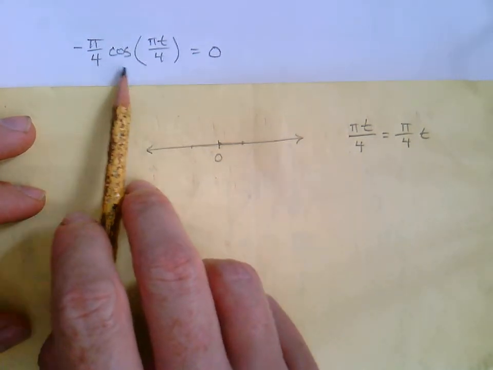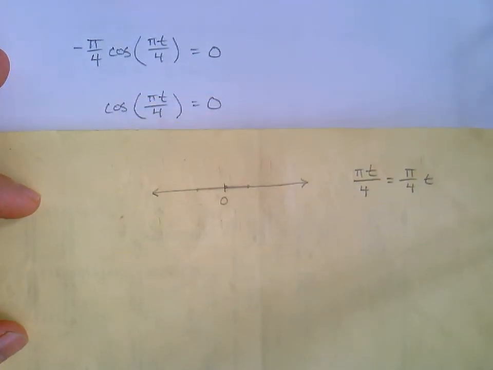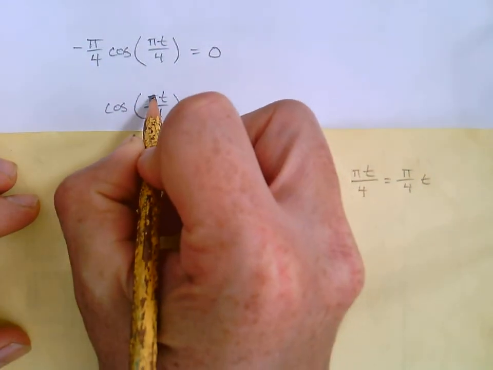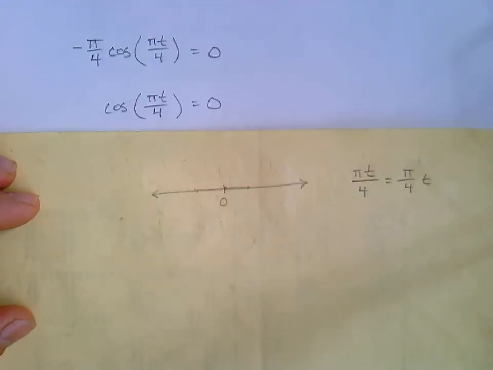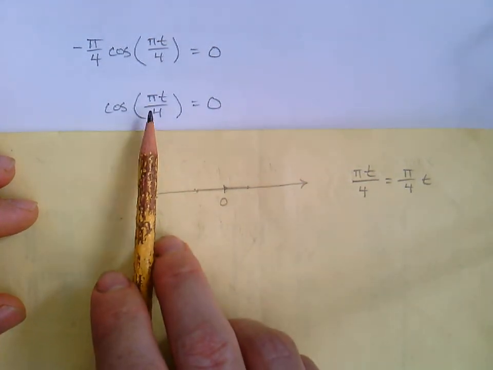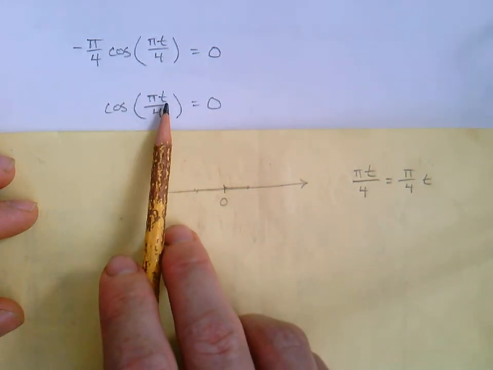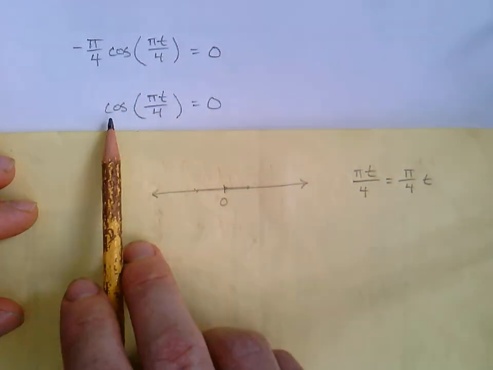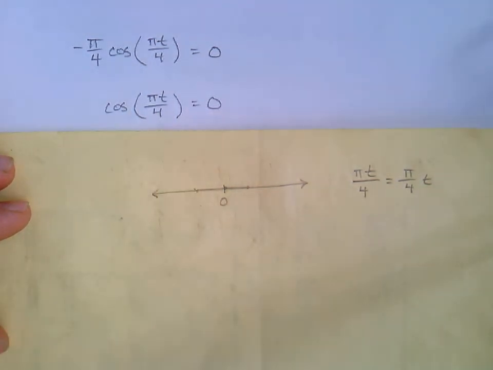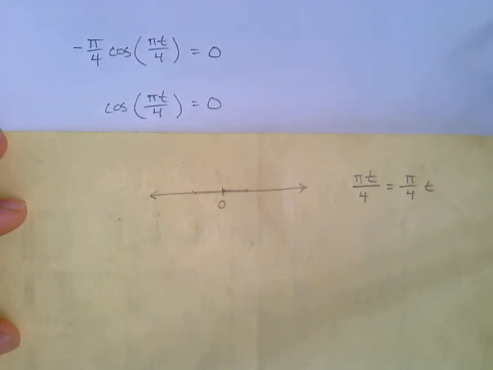Well, we can divide by that negative pi over 4. That's gone. So cosine pi t over 4 equals 0. And then we'll have to think to ourselves, okay, when will the cosine equal 0? The cosine of what gives 0? Maybe you guess and check in your calculator.